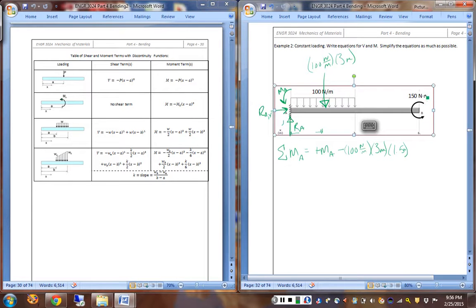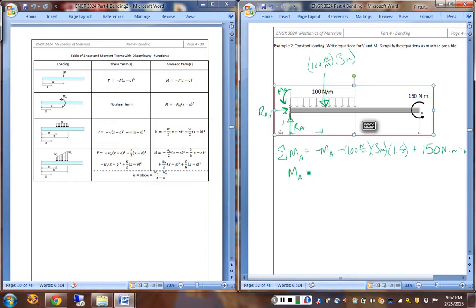It is already in the units of a moment. It is already in Newton meters. So the point at which it acts is irrelevant in terms of summing the moments. All of that equals 0.